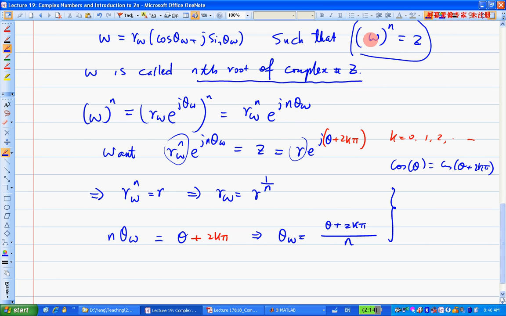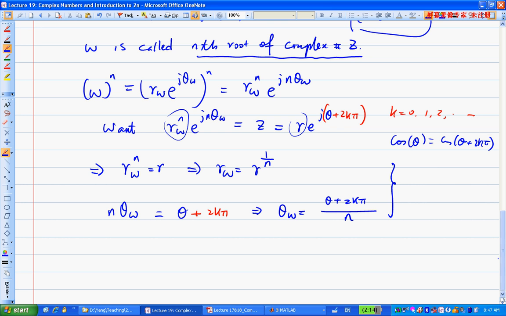We're looking for the w satisfying this equation, and that means R_w and θ_w, which define this w, have to satisfy these two expressions. That's basically how we find w. Now let's take a look at an example, to see technically what is meant by this nth root.